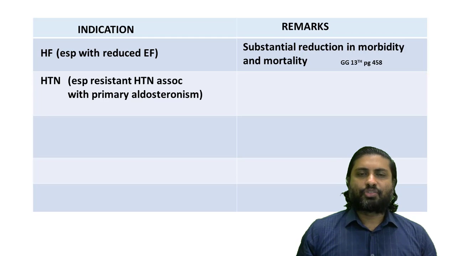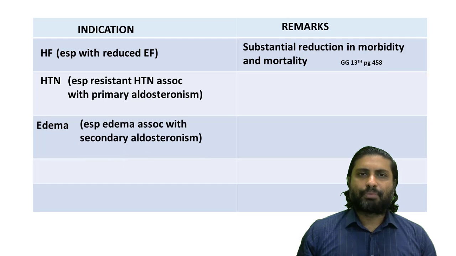Because spironolactone blocks mineralocorticoid receptors, it is also useful in the treatment of edema, especially edema that is associated with secondary hyperaldosteronism. And we shall see a little bit more about this.